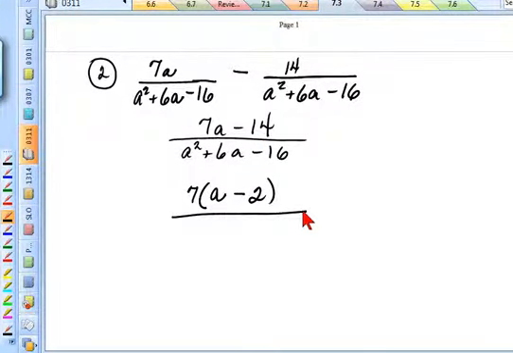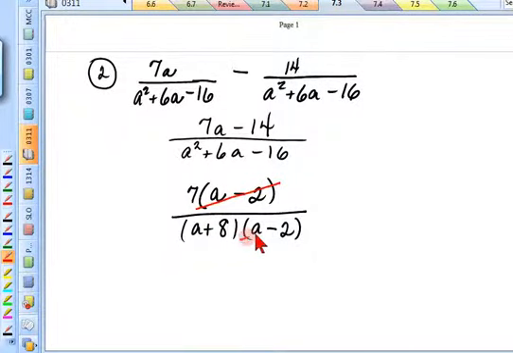Over. The denominator looks like a trinomial, maybe trial and error. I need 1 plus and 1 minus, an a and an a, factors of 16 that have a difference of 6. So 8 and 2. Now that they're factored, do you see any common factors?